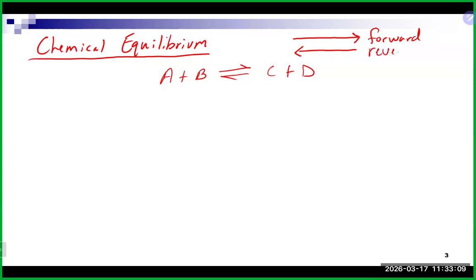That is what is referred to as the reverse direction. So you can think of these reactions as a two-way street where it is heading in both directions. Eventually, it will reach chemical equilibrium.